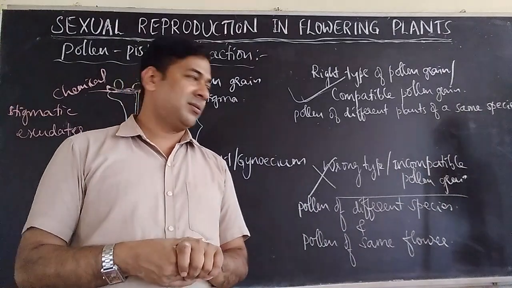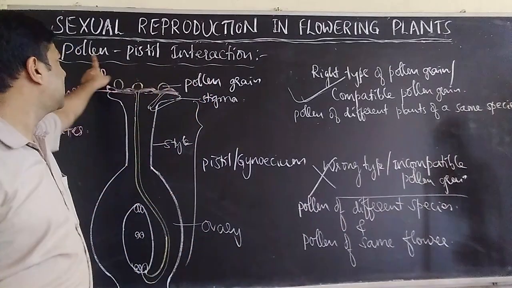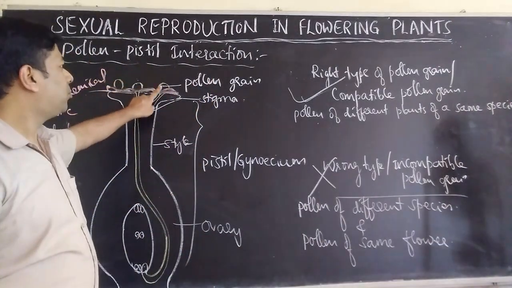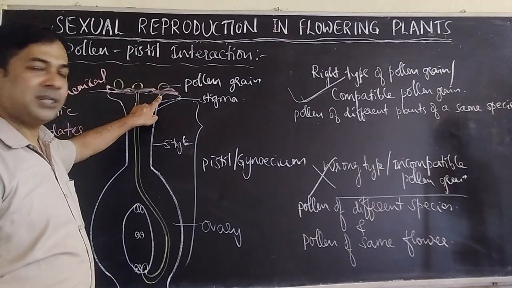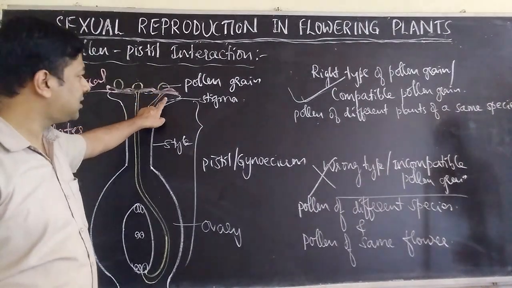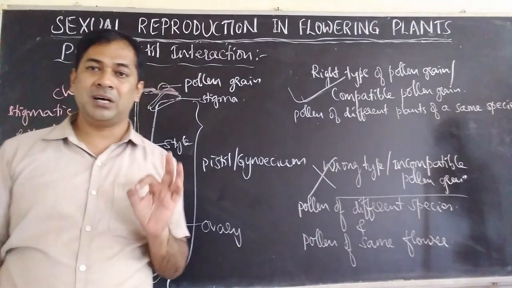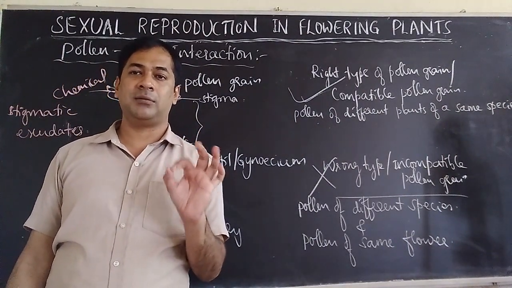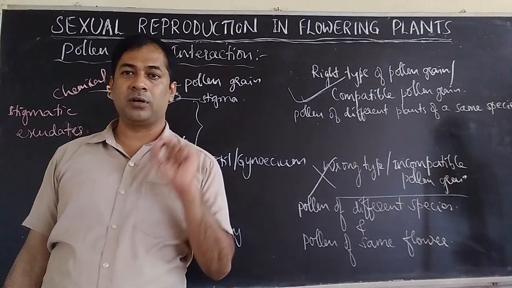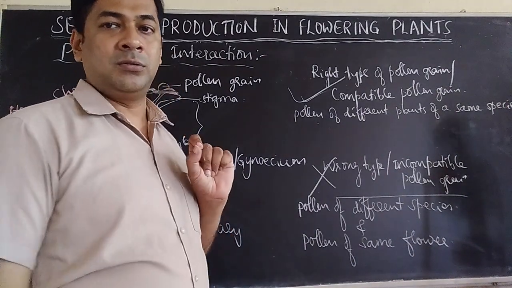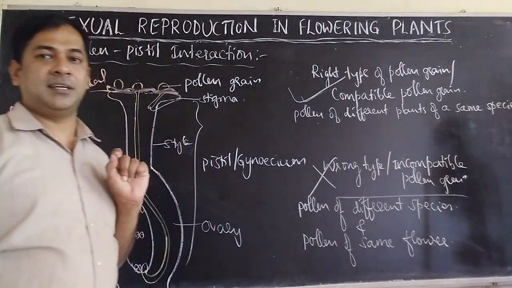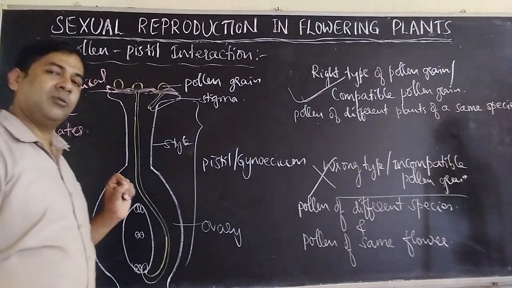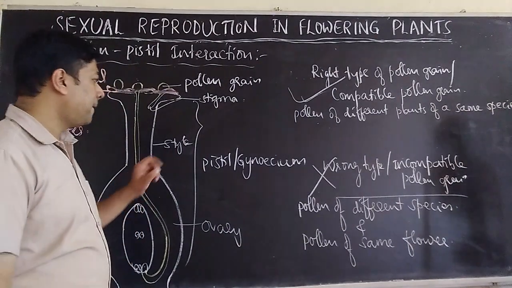I repeat once again. What they are saying is that in pollen-pistil interaction, whether the pollen grain is accepted or rejected depends on the stigma, because the stigma has the capacity to identify whether the pollen grain is the right type or wrong type. What is the right type of pollen grain?